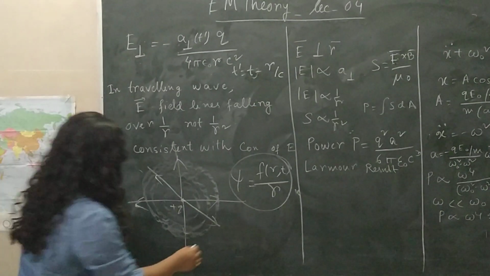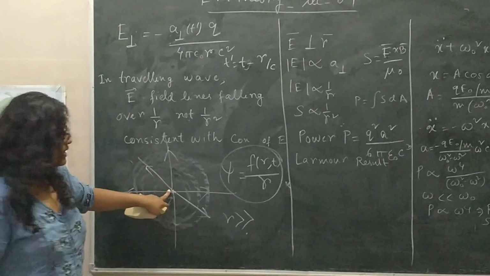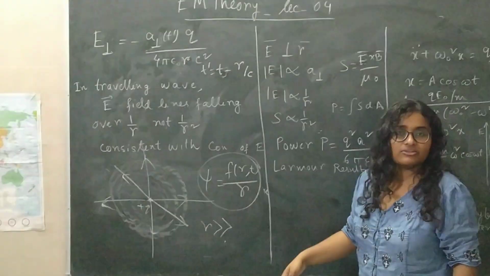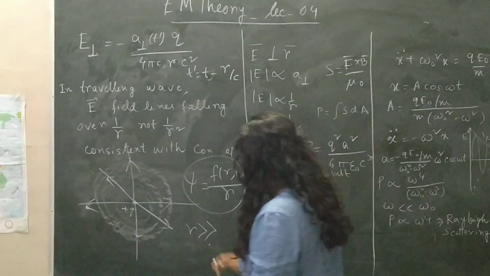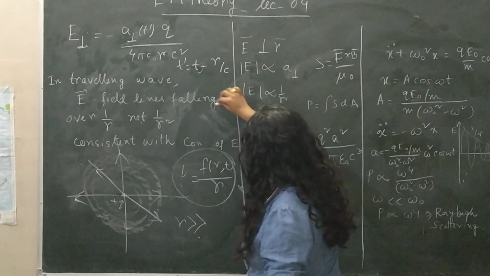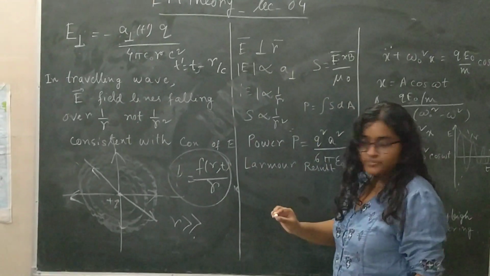Now if r is very large, meaning you have a source here and you are at a far distance measuring the electric wave, what will be the form of the waves? Then we can treat the spherical waves as planar waves, with the phase constant throughout.